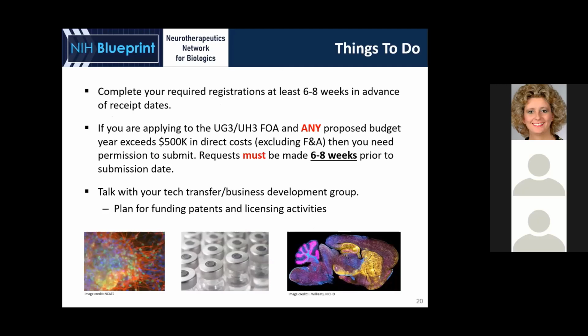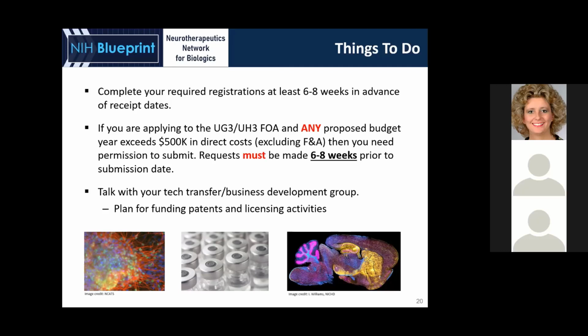So, things to do in preparation. Number one, complete your required registrations at least 6 to 8 months in advance of any proposed receipt dates for BPN-Biologics FOAs. If you're applying to the UG3/UH3 FOA, and any proposed budget year exceeds $500,000 in direct costs, this excludes F&A costs, then you need permission to submit that application from your IC.